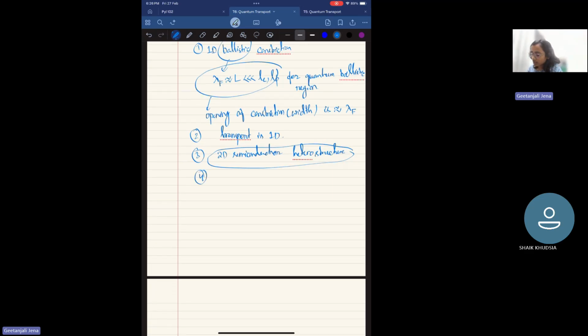These are some of the definitions that I am going through. Quantum point contacts are short, narrow channels defined in the 2D electron gas of a semiconductor heterojunction.